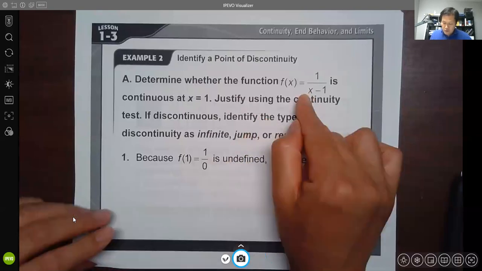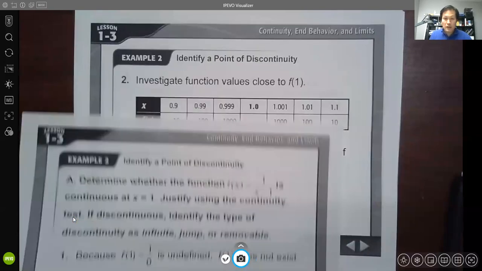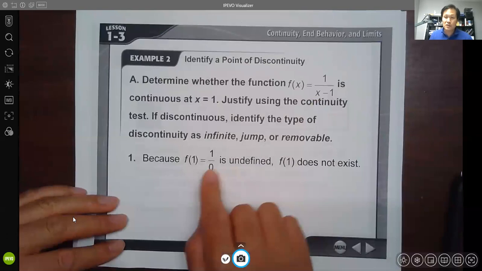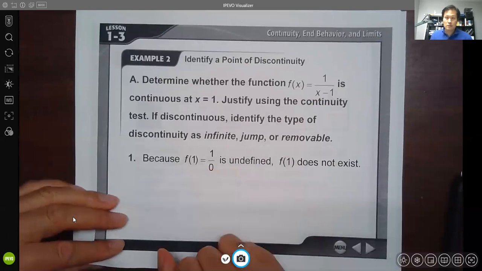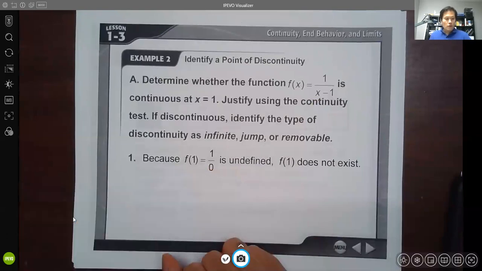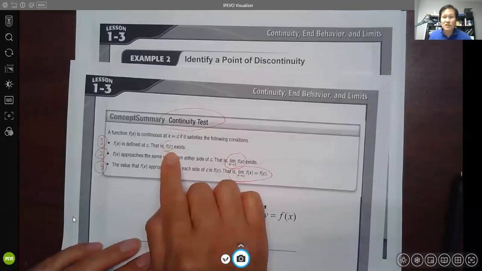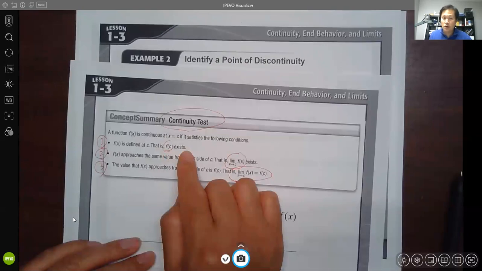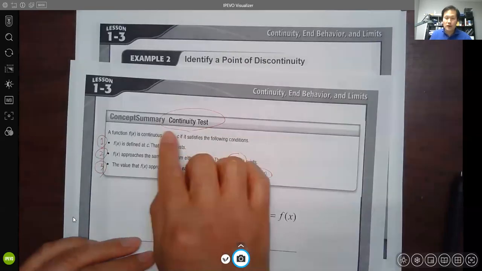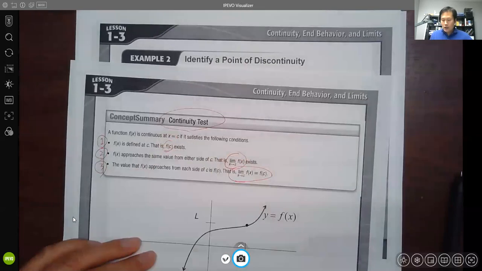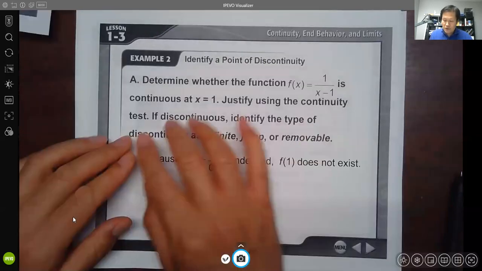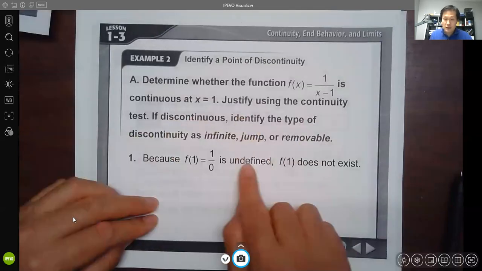If you plug in 1 for x, you get 1 minus 1, you get 0 as a denominator, busted right there. So first condition, f of 1 does not exist. Done. It fails the continuity test, fails the first condition.